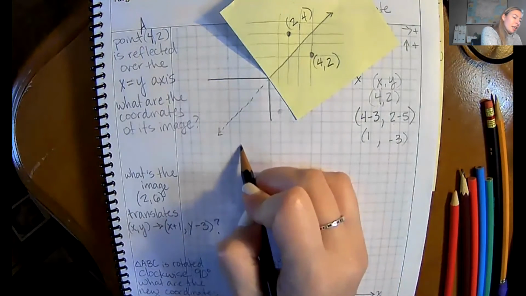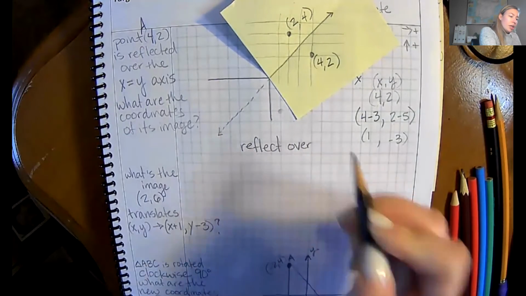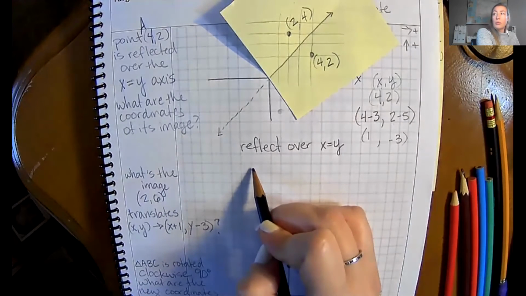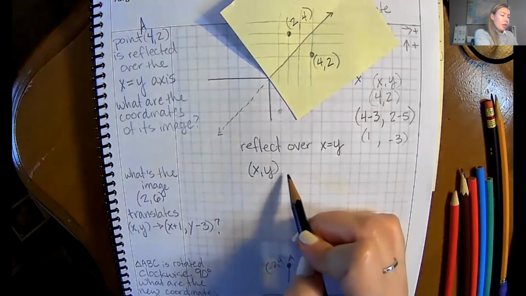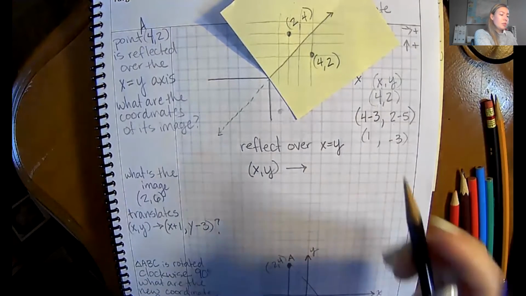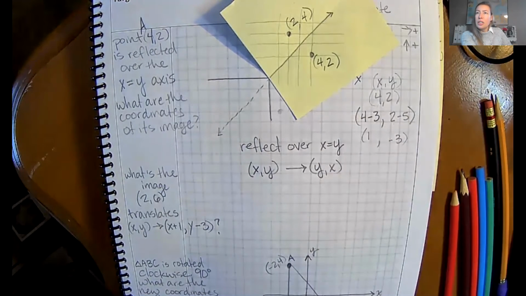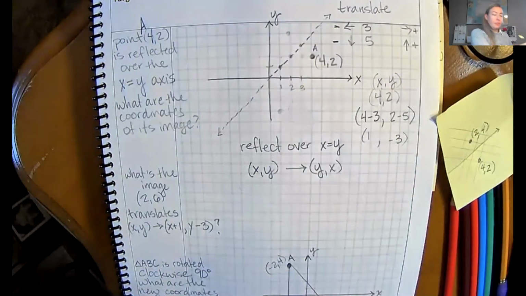So if you reflect over x equals y, then your original point, x comma y, moves to its image, y comma x, which is kind of crazy.